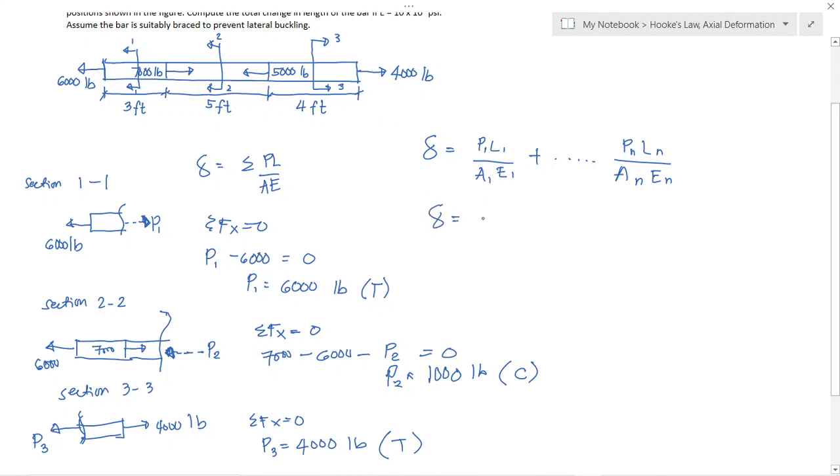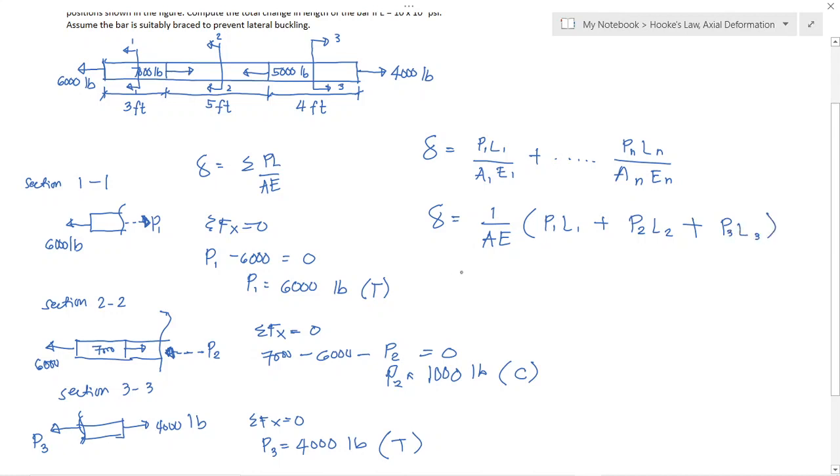Okay, we have the total deformation equivalent to what is P1. Okay, P1 is iba-iba. Ang L is iba-iba din. Cross-sectional area is uniform. Then the modulus of elasticity is also uniform, so we can place A and E sa labas and then multiplied by P1 L1 plus P2 L2 plus P3 L3.